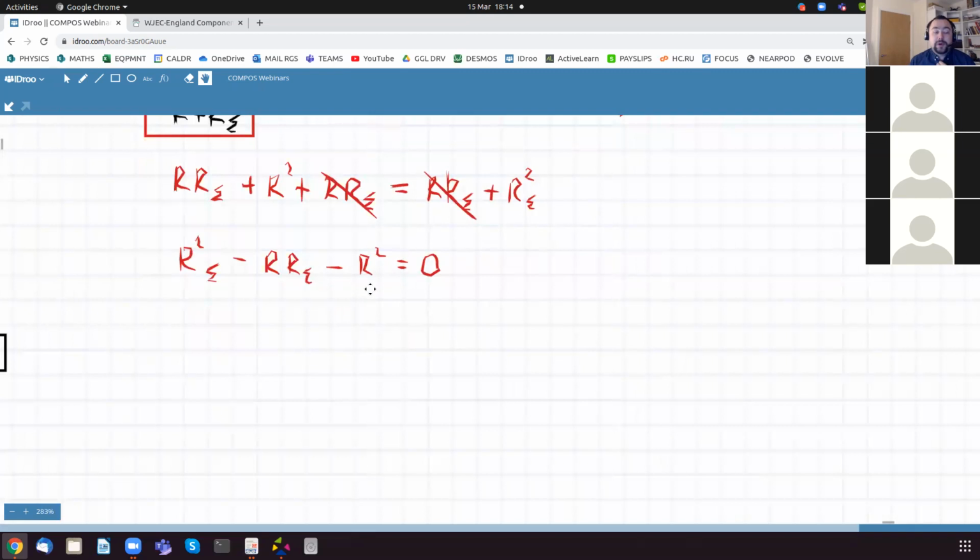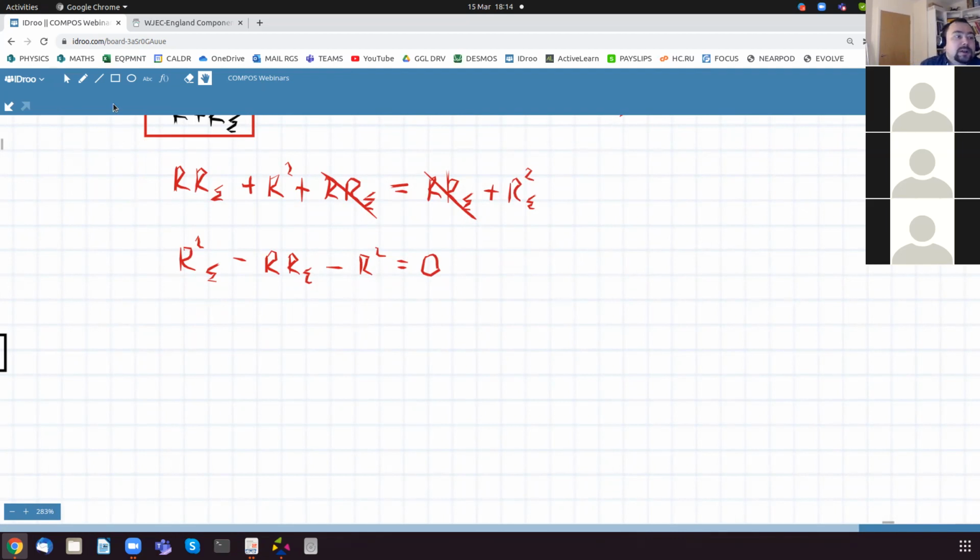It is a quadratic equation in terms of R sigma. Sorry, just a second. A quadratic equation, you can solve this quadratic equation using the formula.